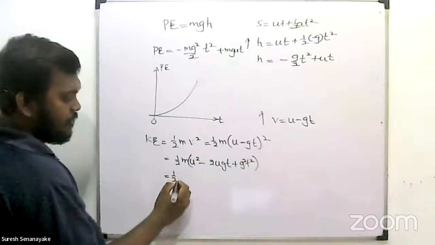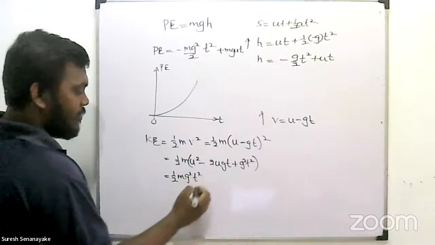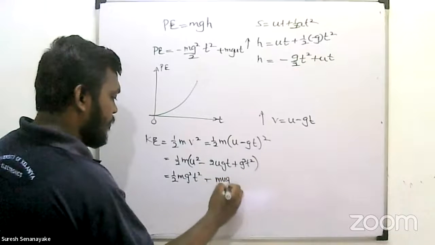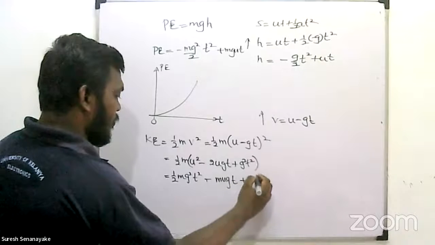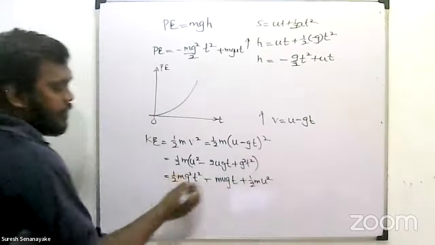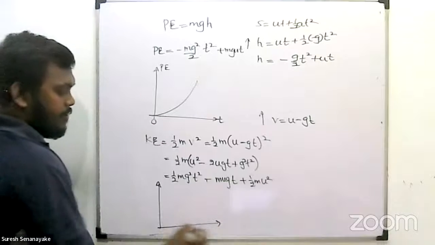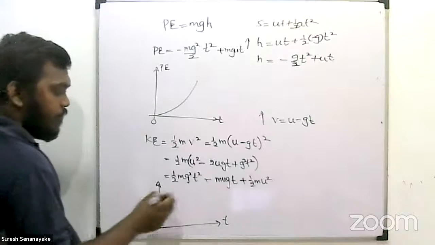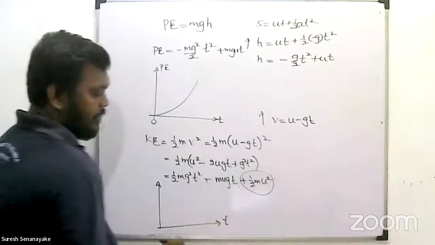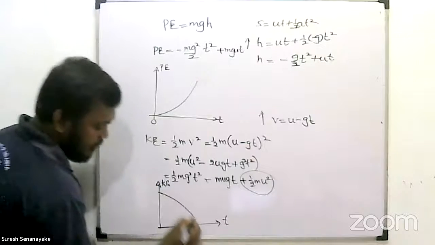It is then half m g square t square minus m u g t plus half m u square. So the quadratic equation, right? So then the energy, at t equals 0, these terms are 0, but initially it has this much. So it's starting from the topmost point and then it reduces, so it's a graph like this.